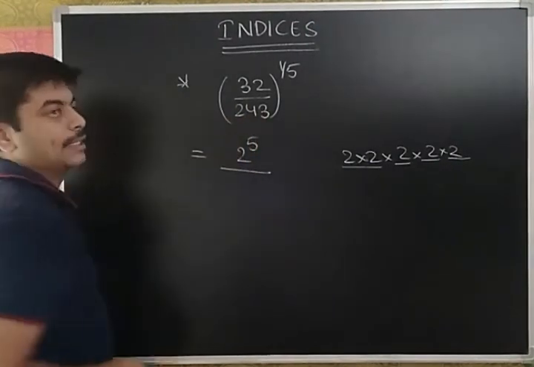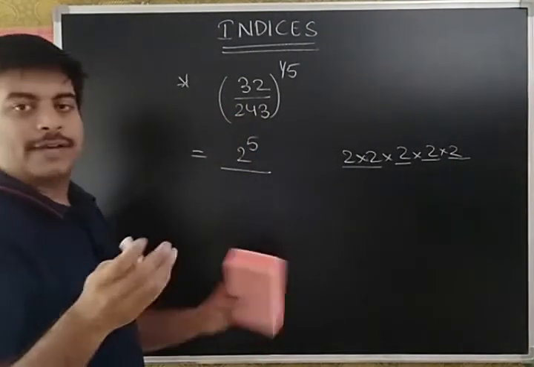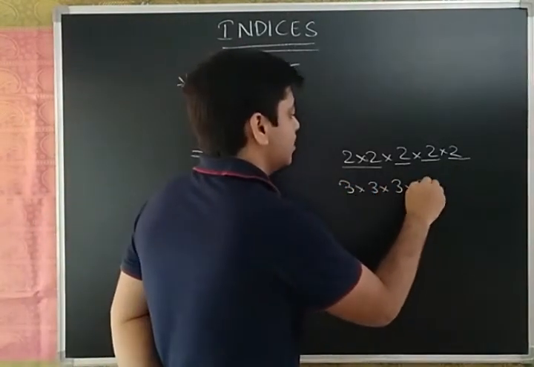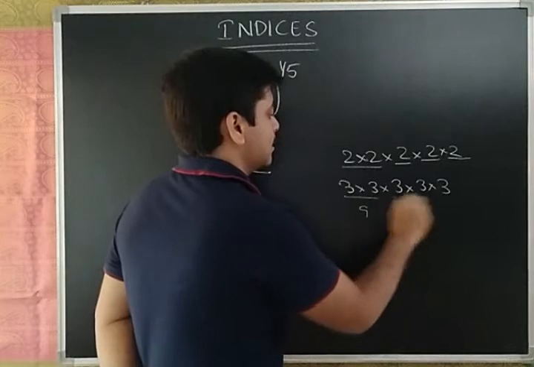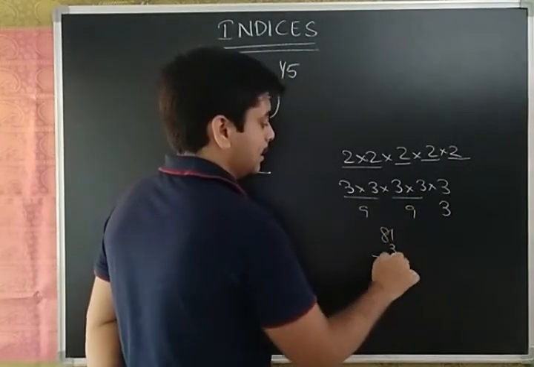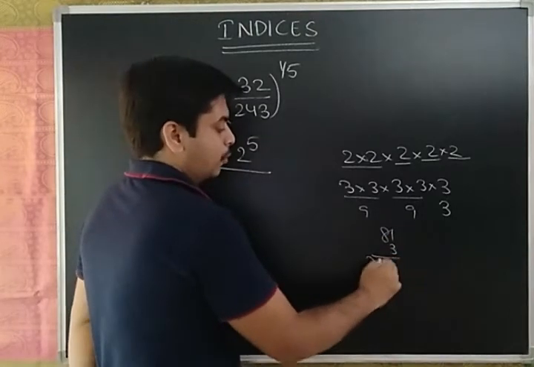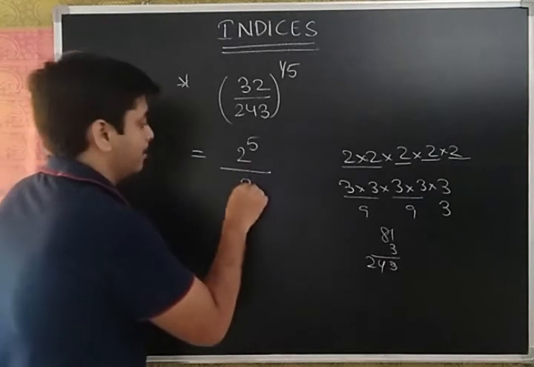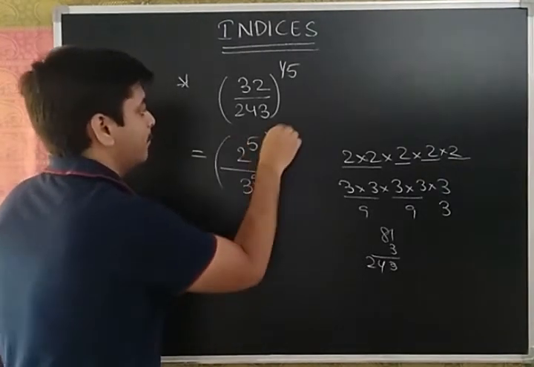What is 243? Let us take 3 power 5. 3 into 3 into 3 into 3 into 3: 3 threes are 9, 9 nines are 81, 81 threes are 243. Yes, so 243 is 3 power 5.